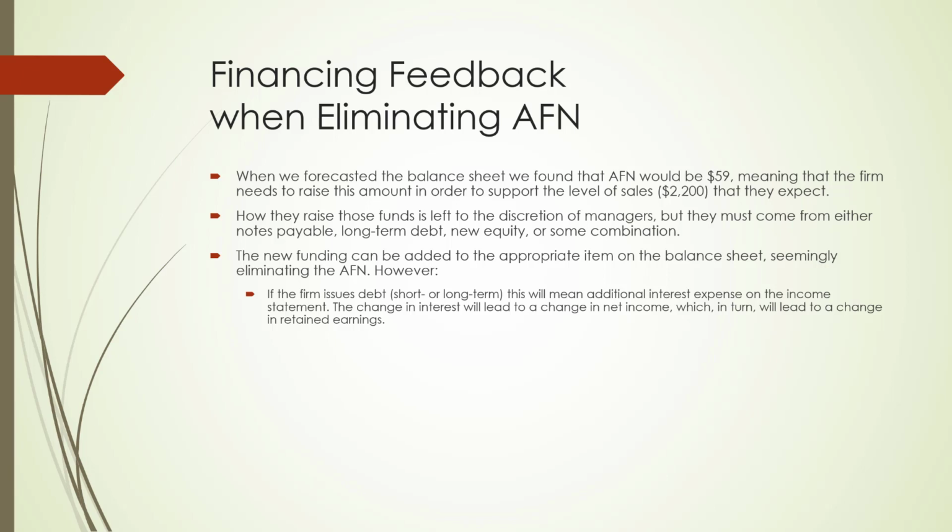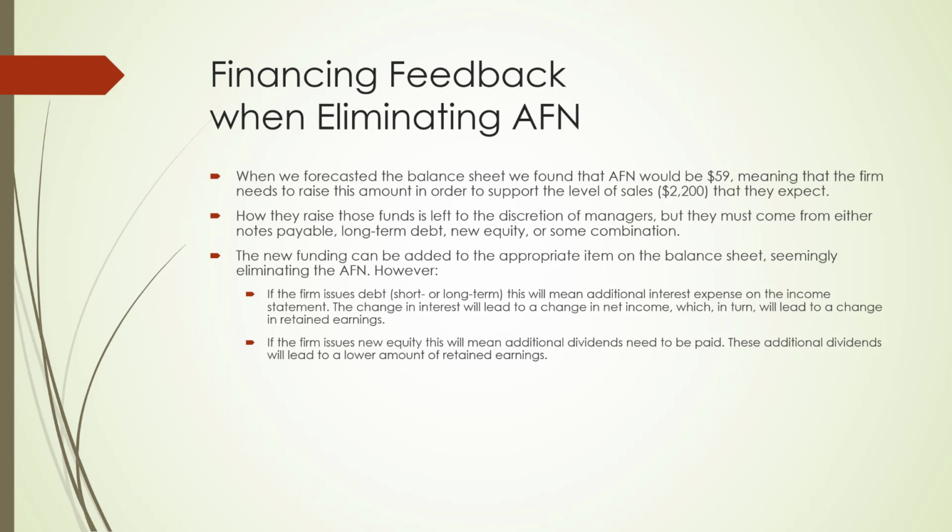And you can add up the total amount that you've added to the balance sheet to make it balance, and that's your total AFN. All right, so what if, instead of using debt, they issued new equity to raise this 59? Well, in that case, they're going to have to pay more in dividends. More shares equals more dividends. And remember that the change in retained earnings is net income minus dividends.